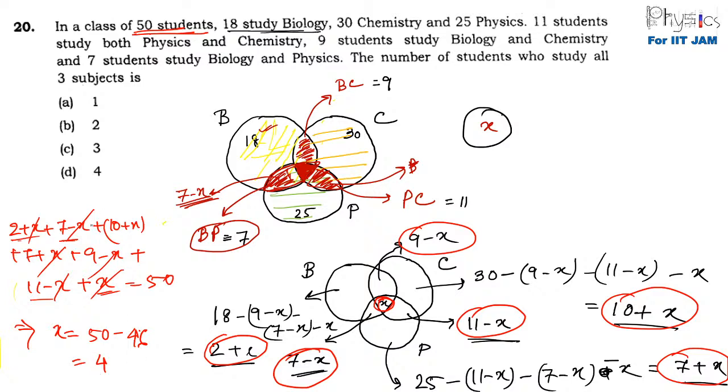I think I should calculate it once more. 19, 26, 37, 46. Yeah, it's 46 and it is 4. So the correct answer here is option D. Option D, 4.